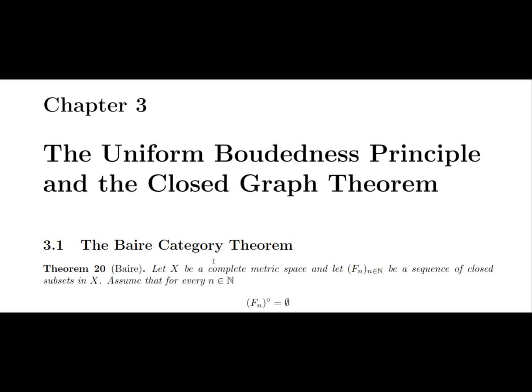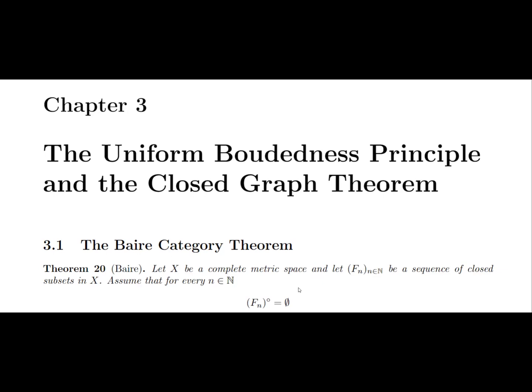For example, in a metric space, a point satisfies this assumption because a single point in a metric space is a closed set, and its interior is an empty set.